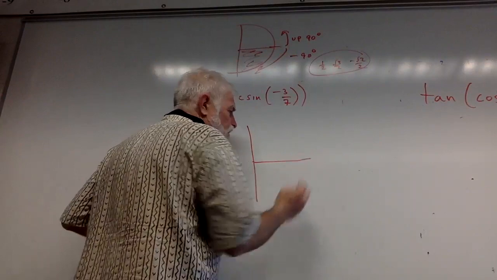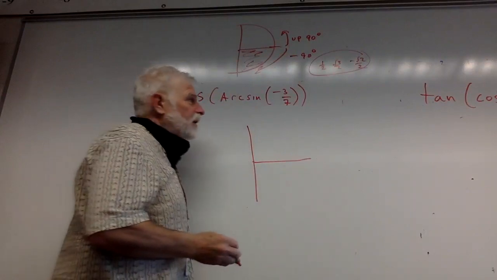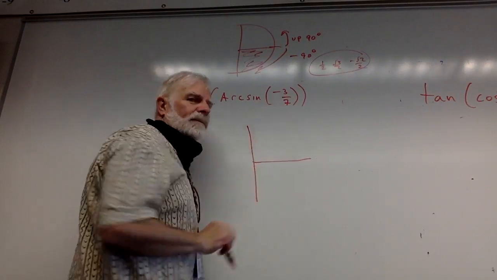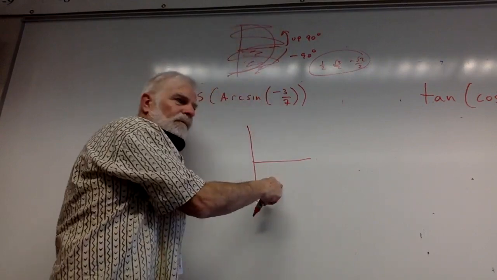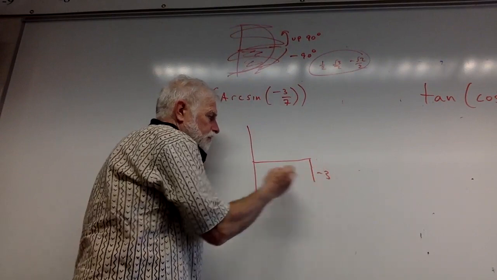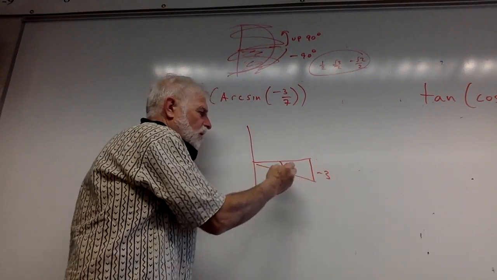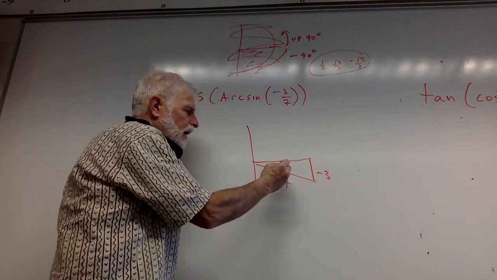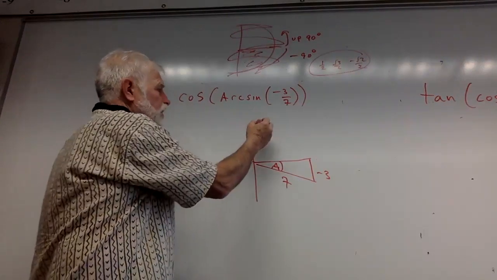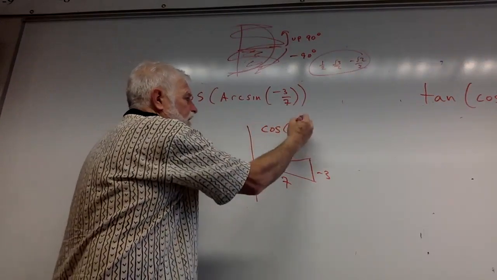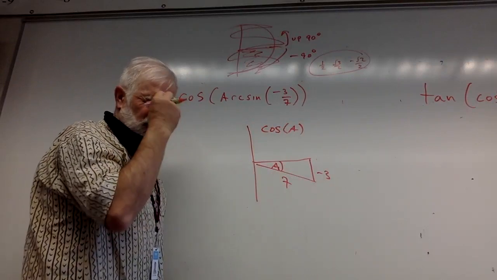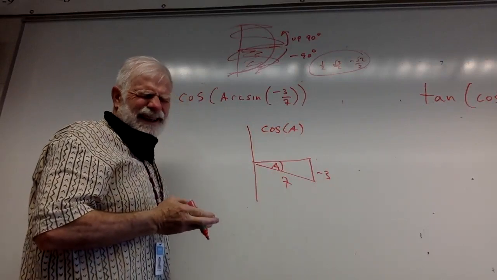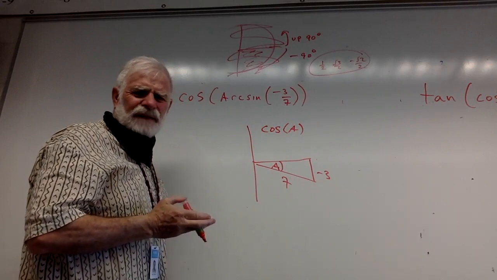So what I like to do is go back to standard definition, opposite over hypotenuse. So I get out of the unit circle, but I know where I'm drawing. Okay, and I don't need to know that angle. We'll call it angle A, because what I'm really looking for is the cosine of that angle. On a calculator, it looks to me like it would be near negative 20 degrees, negative 22 degrees.